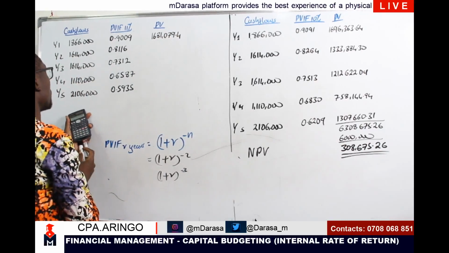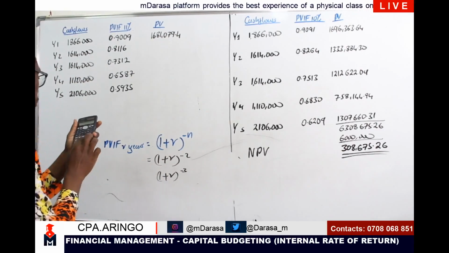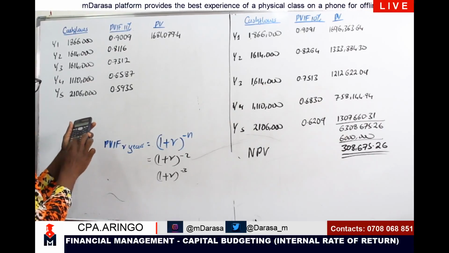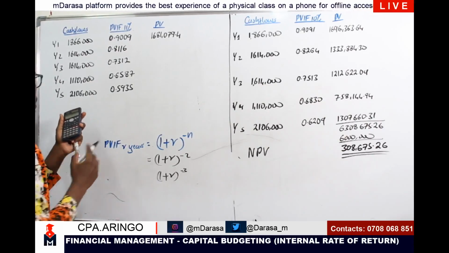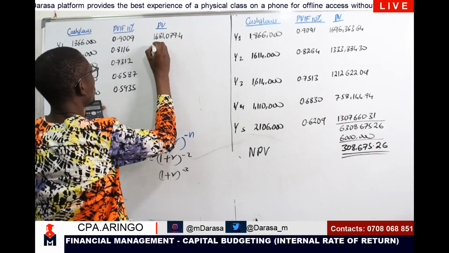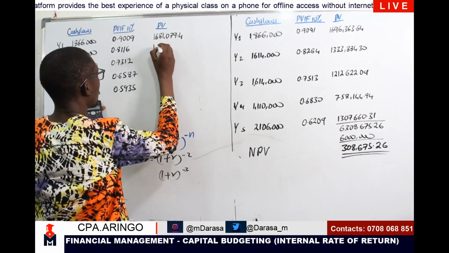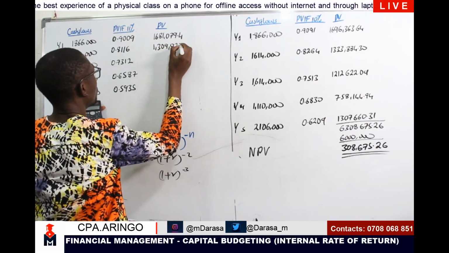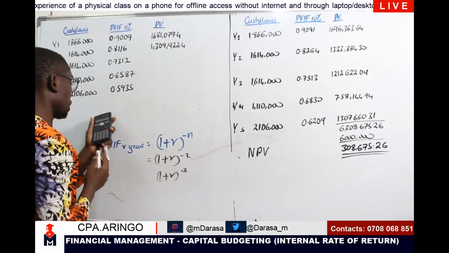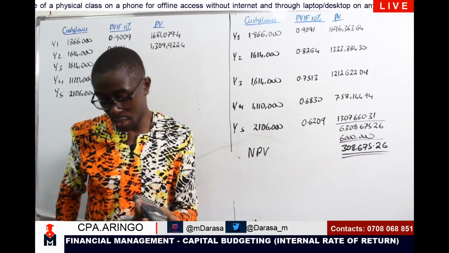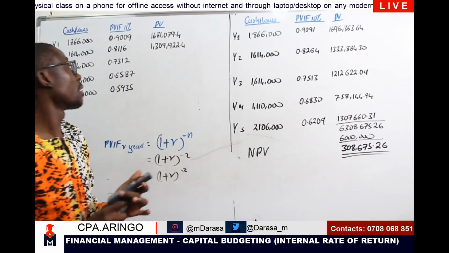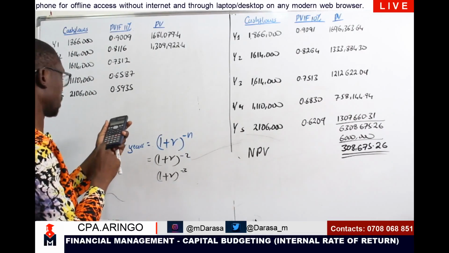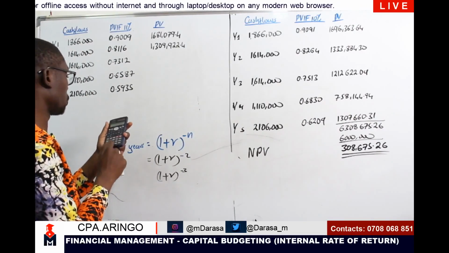The other case, I'm getting 1,614,000 times 0.8116. I'm getting a figure of 1,309,922.4. The other figure is 1,614,000 times 0.7312.